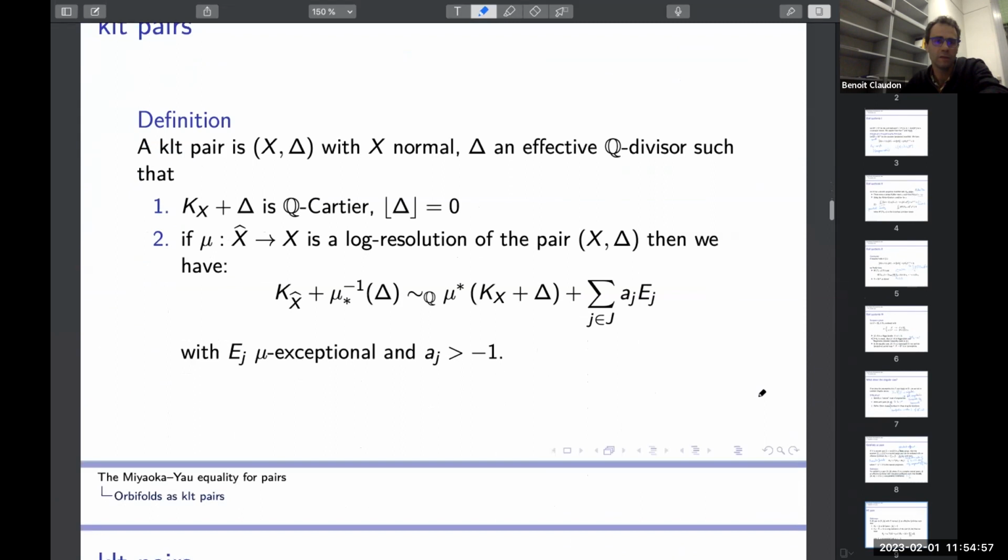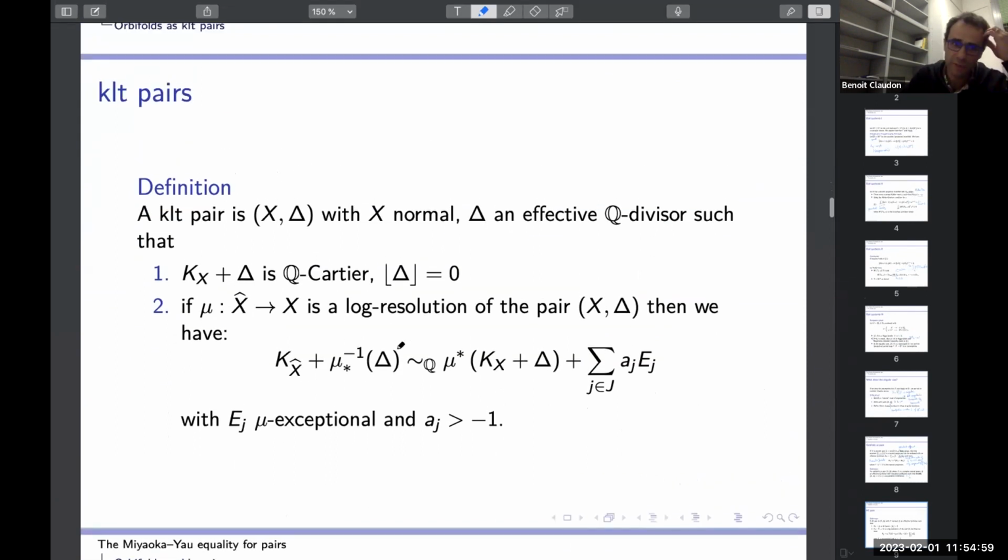Now I move to KLT pairs. This is a definition that comes from the MMP, of course.